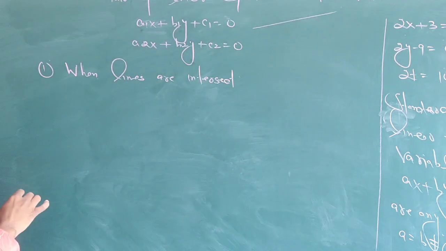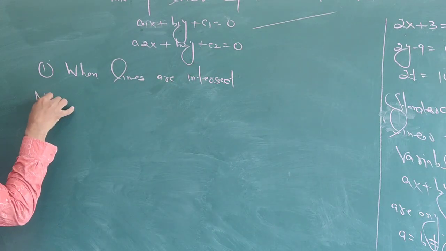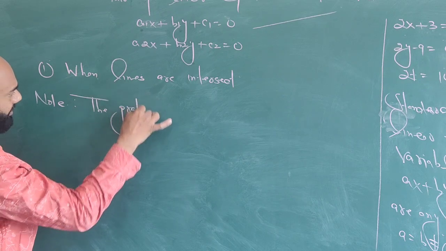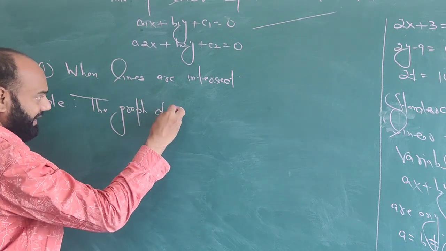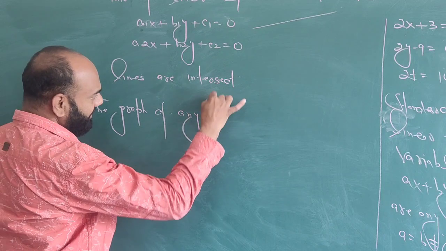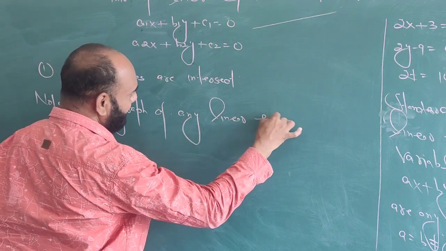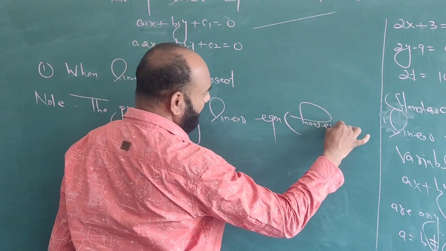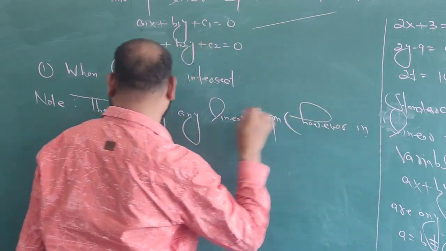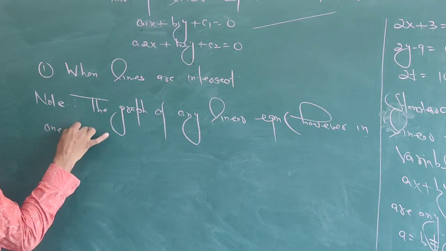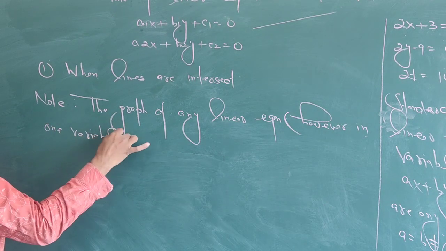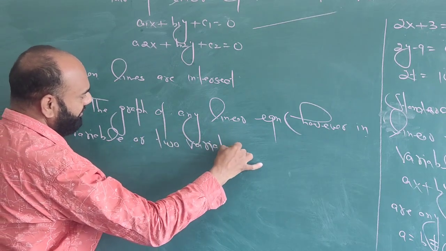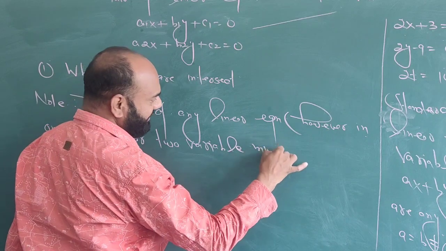Here the point to be noted: the graph of any linear equation, whether in one variable or two variables, must be a straight line.